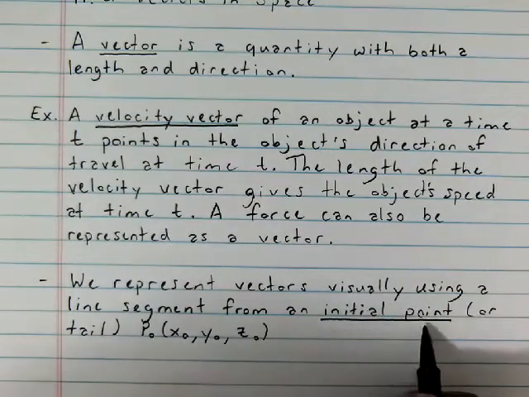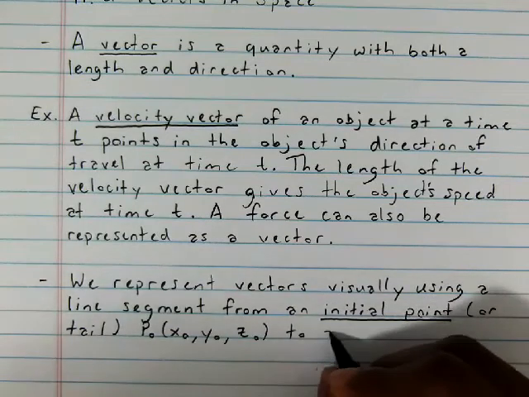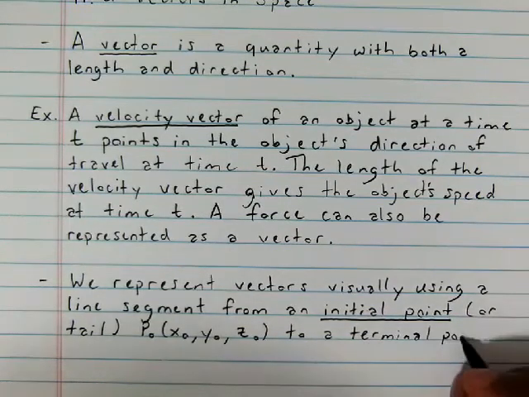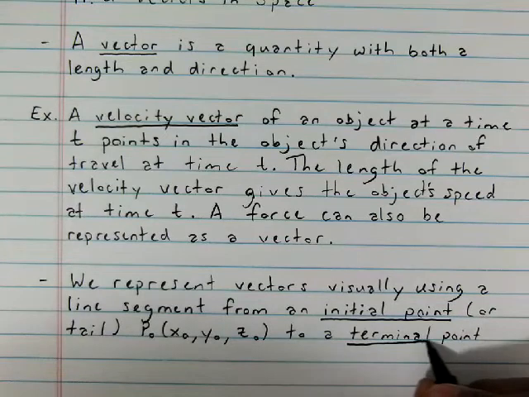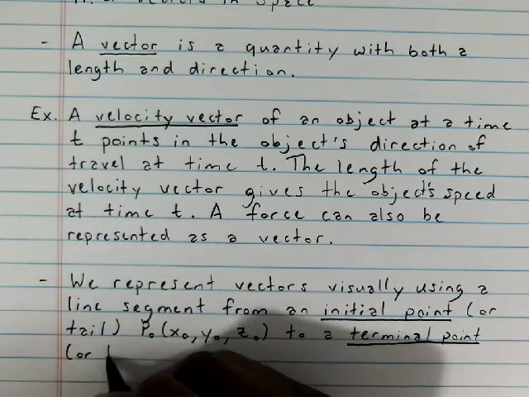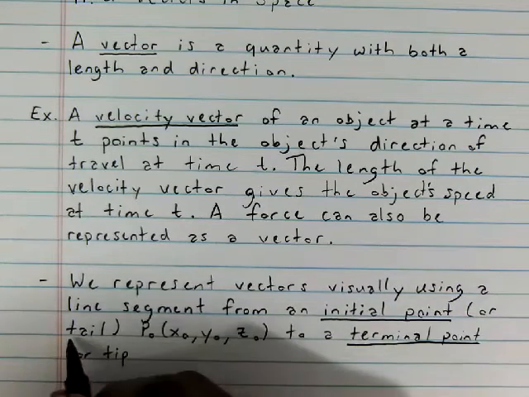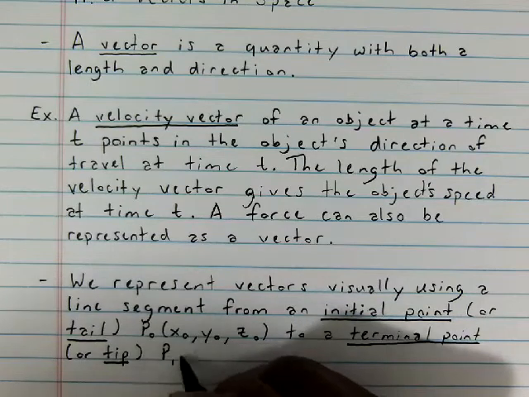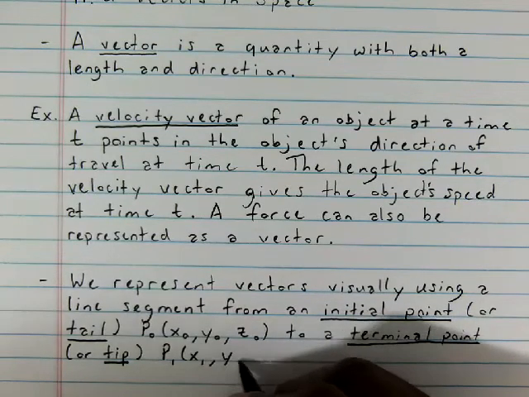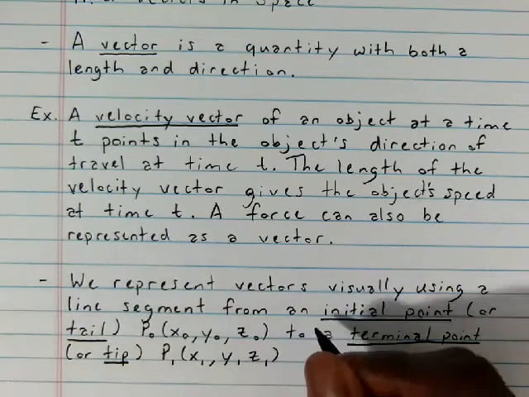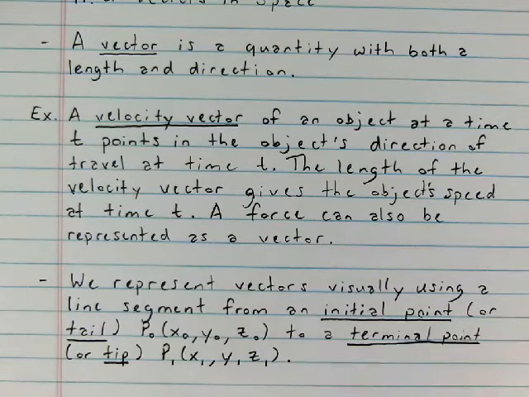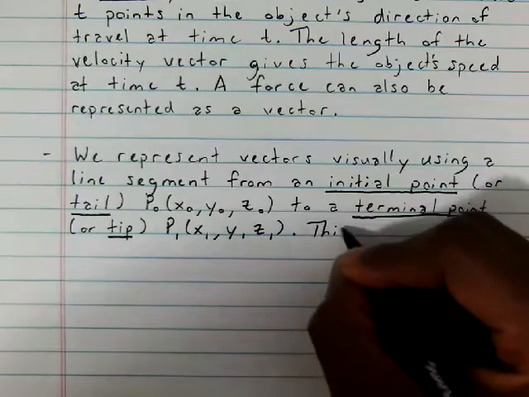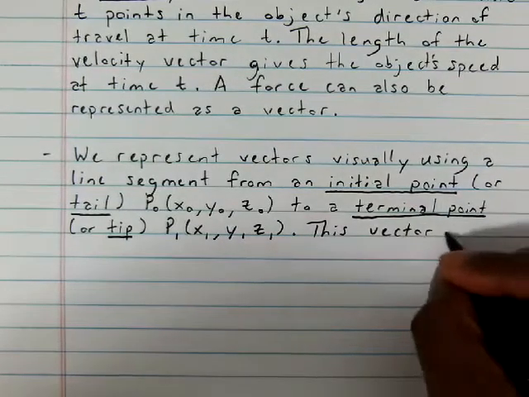So from an initial point to a terminal point, or tip, as you'll hear it called, which we'll call P1 with coordinates X1, Y1, and Z1. This vector is denoted.